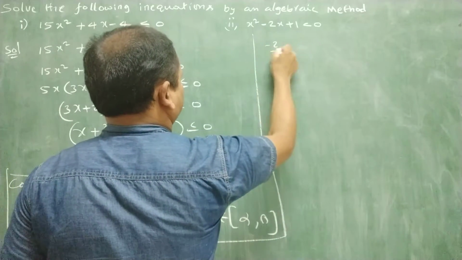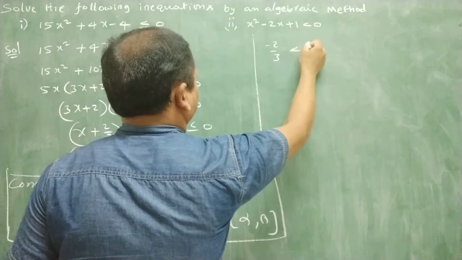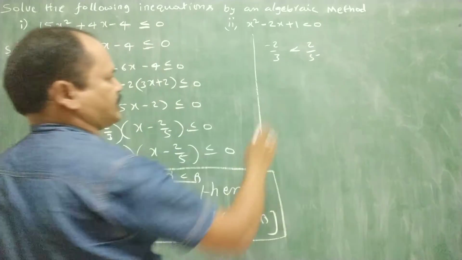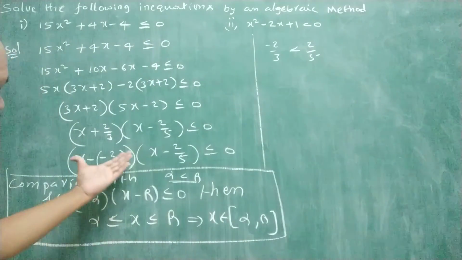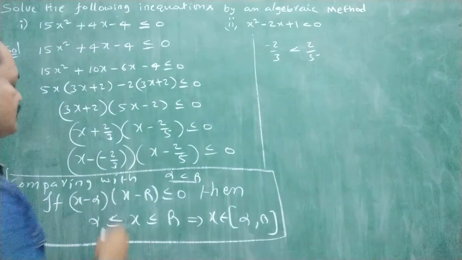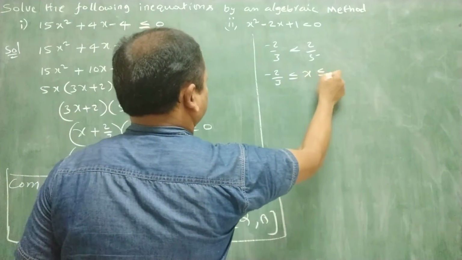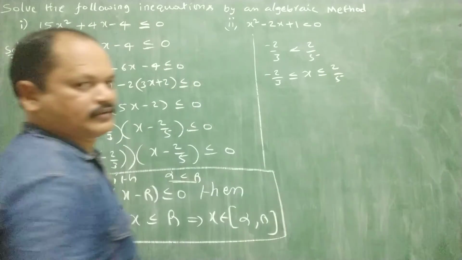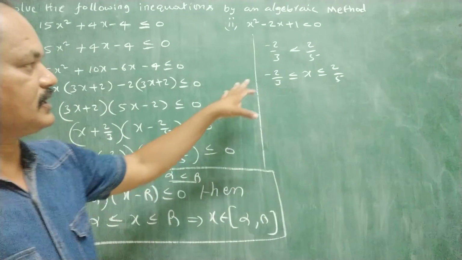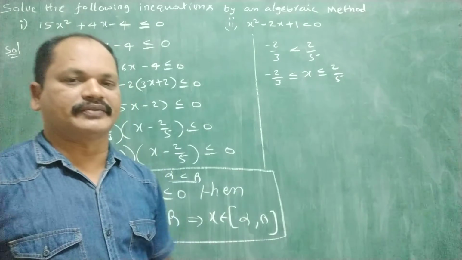That's why alpha is less than beta, so the value of x lies within the interval: minus 2 by 3 less than or equal to x less than or equal to 2 by 5.